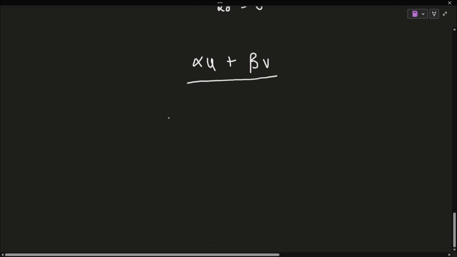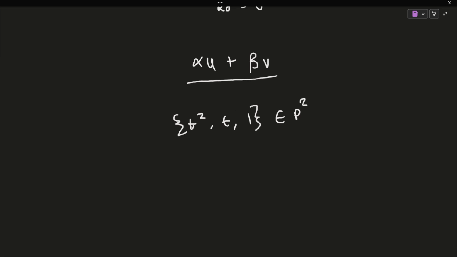So let's take this polynomial set: t squared, t, and 1. Here t is just a variable, and this belongs to the set of all polynomials of degree 2, so this is just all quadratics.